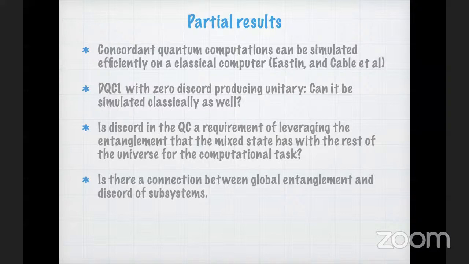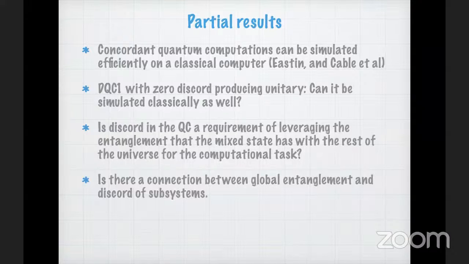For which, to the best of my knowledge, there is no definitive answer, but that's a very interesting counter argument for considering discord, or non-classical correlations, as the reason for quantum speed up in mixed state quantum computation. What if you still have zero discord, but you're still getting an exponential speed up? So that question is still to be addressed in the negative. You will have to show that in the case where there's no discord, it can equally well be simulated classically.